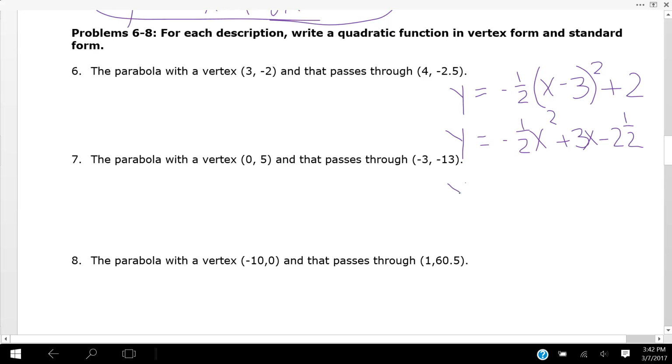Oh, number 7 was interesting because I ended up with 2x squared minus 5 because when my vertex is 0, that means my x becomes 0. So that whole multiplying out my quadratic kind of went away. So this is actually for both. I would put this down as my answer.